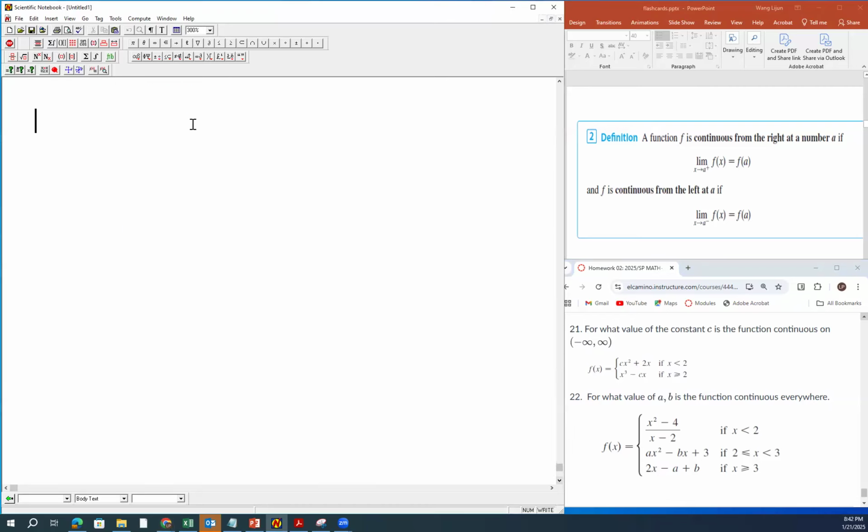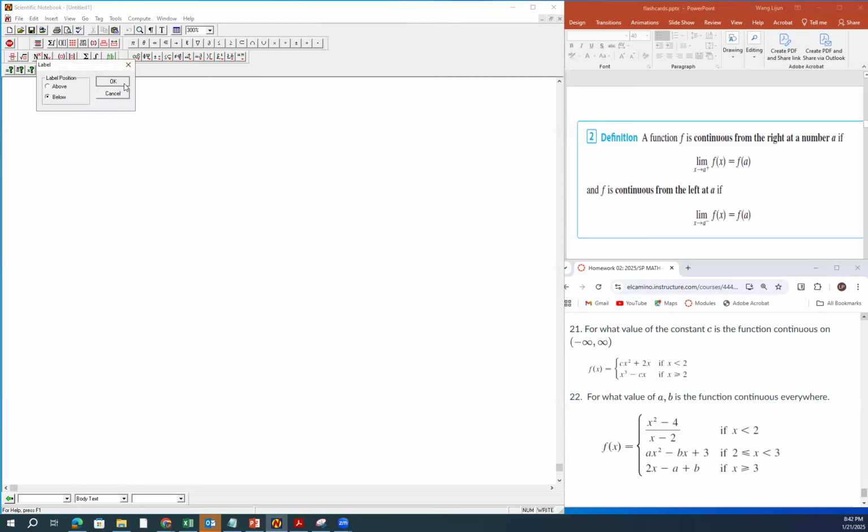Obviously, the f function has two pieces. Both are polynomials, so they're continuous everywhere. Because we made it into two pieces, the only point in question is 2.